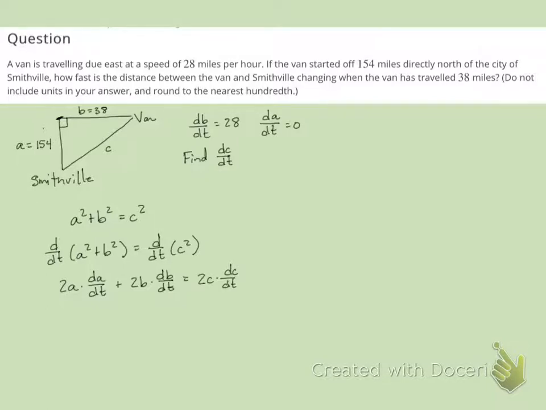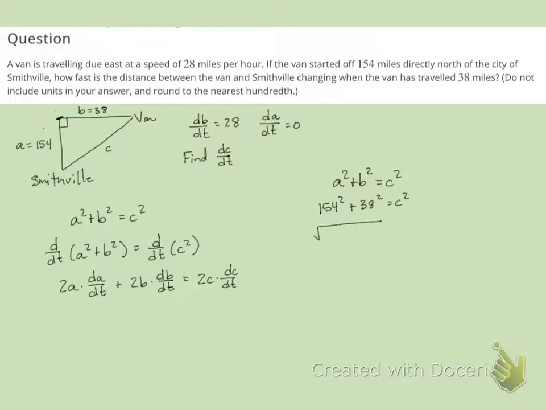And we're trying to find this dC/dt. We know A, we know dA/dt, we know B, we know dB/dt. We need to know what C is so that we can find dC/dt. So we're going to figure out what C is by applying the Pythagorean Theorem again, but I'm going to do it over on the side here. So a squared plus b squared equals c squared, and that's going to give us 154 squared plus 38 squared is going to equal this c squared.